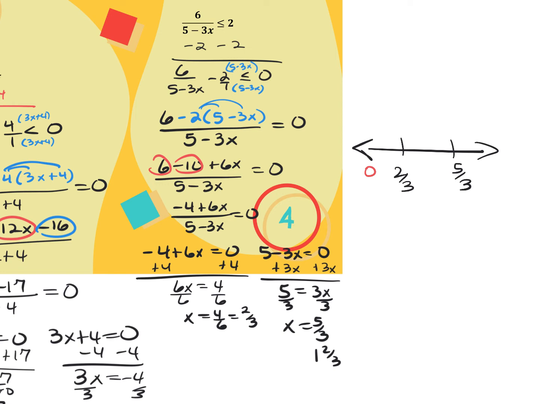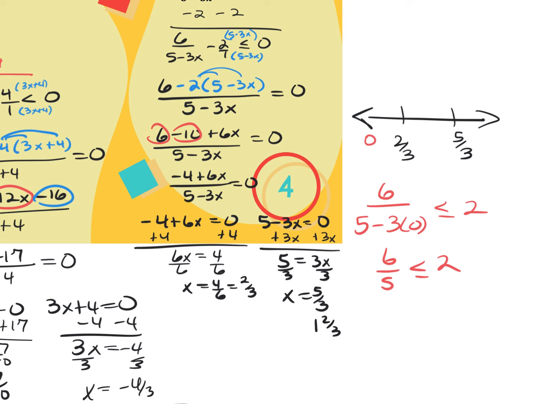So then now I'm going to plug in my 0 to the original problem. 6 over 5 minus 3 times 0. 3 times 0 is 0, so I just get 6 over 5. 6 over 5 is 1 1/5, and 1 1/5 is less than or equal to 2. This is a true statement. So the area where the 0 is located gets the check. The middle is an X and then a check.